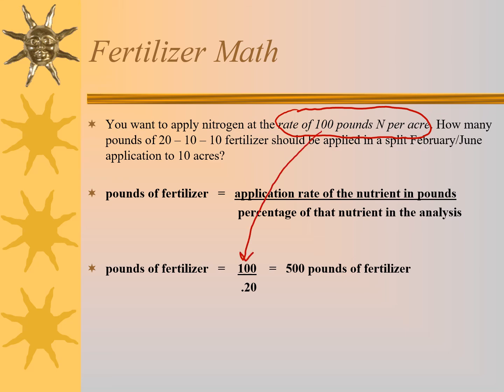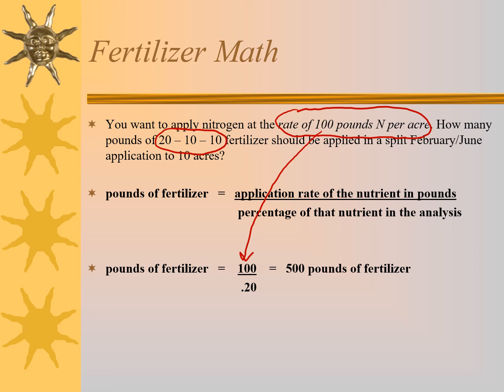And then the other piece of information you need is the percentage of nitrogen that's in the analysis. Well, here's the analysis, 20-10-10. And we know that when you look at an analysis, the very first number tells you the percentage of nitrogen in that particular fertilizer, which in this case happens to be 20%.